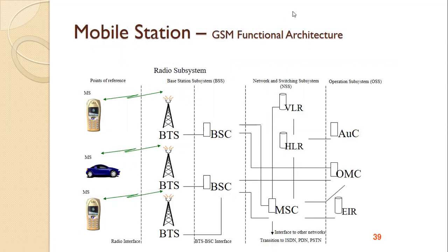In GSM, we see that this end user is there. From this end user, the signal is transmitted to the tower, the base transceiver station, then the base station controller, then it goes to the network and switching subsystem, then to the operation subsystem.